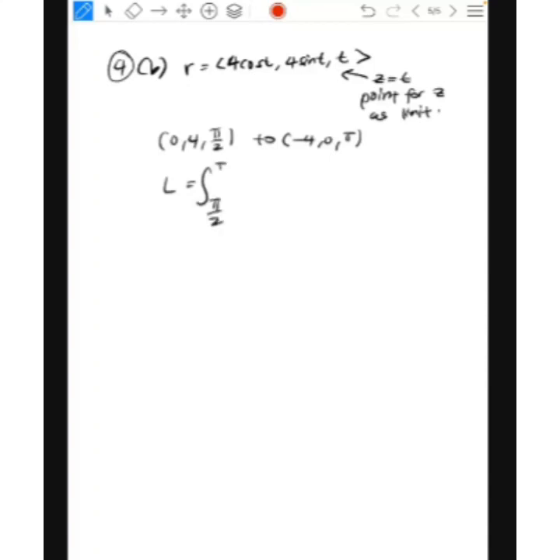What's left is to find the middle part, which is r prime. So this one you try. Understand? You don't have to refer to 0 or 4 or negative 4, 0. You just refer to pi over 2 until pi, because z now is equal to t.